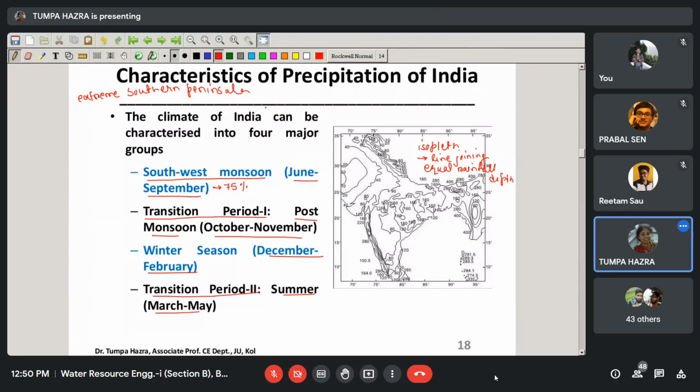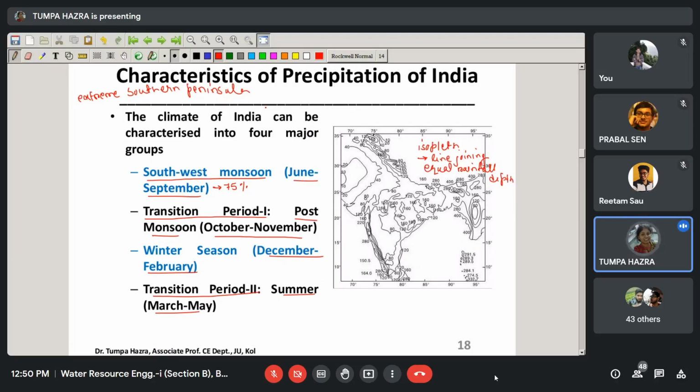Basically, the monsoon originates in the Indian Ocean and then enters the land surface of India as two branches, the Bay of Bengal branch and the Arabian Sea branch.